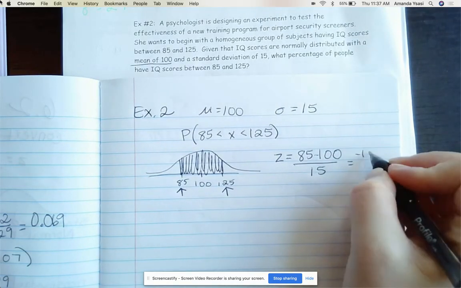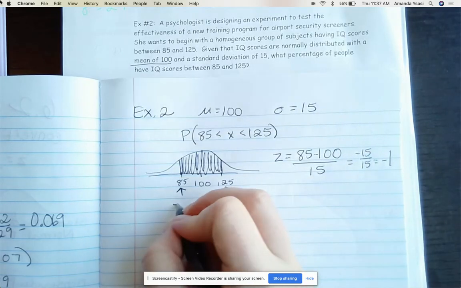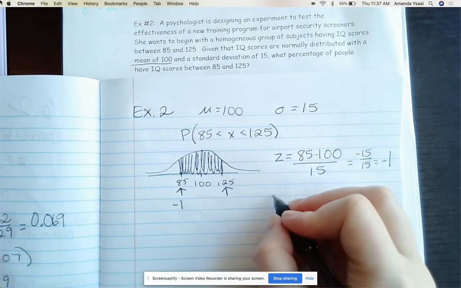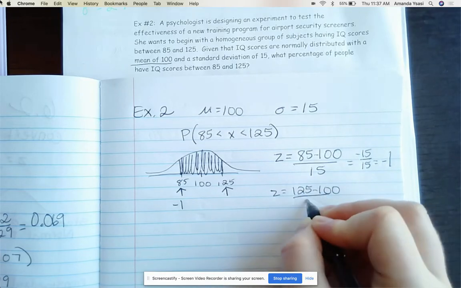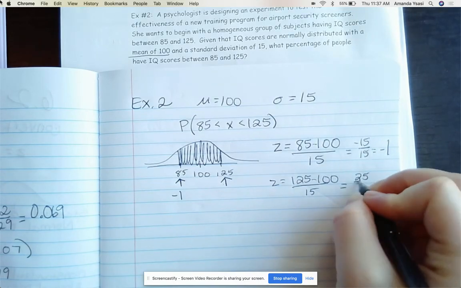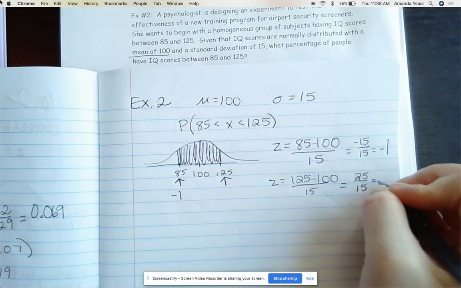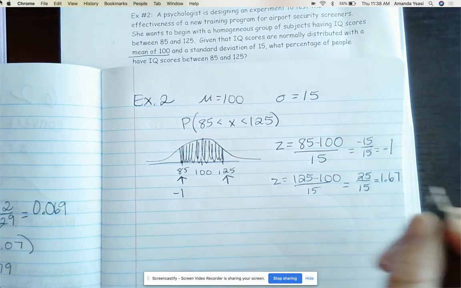Gets us negative 15 over 15, which is negative 1. So this is negative 1. And then this one, 125 minus 100 over 15. 25 over 15. 1.67 if we round.